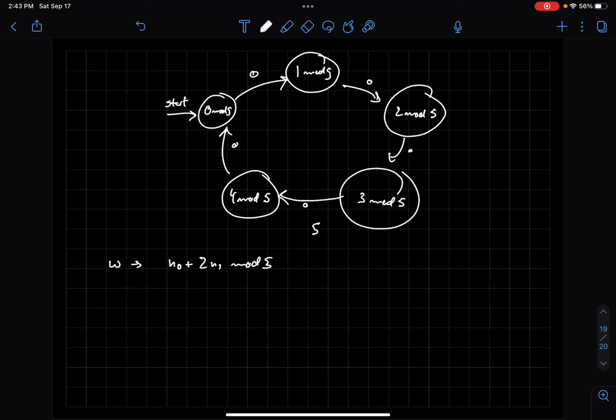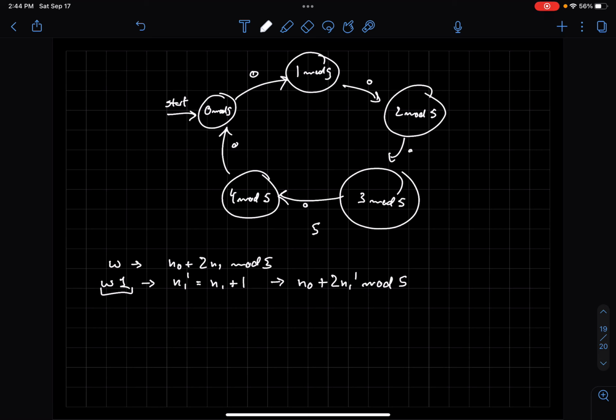It's in this state. Now suppose I read an additional 1, so I'm in W concat 1. Then the number of ones in this string, let's call it n1 prime, is n1 plus 1. So then I should go to the state n0 plus 2 n1 prime modulo 5.